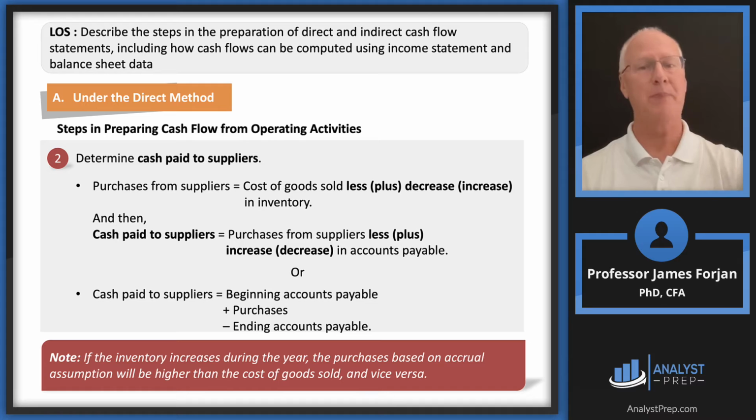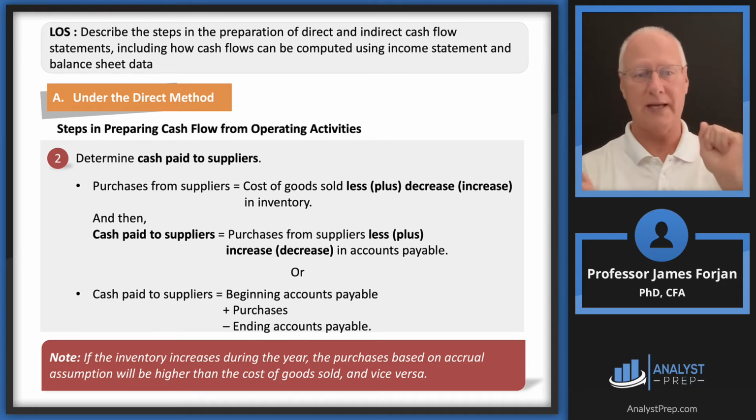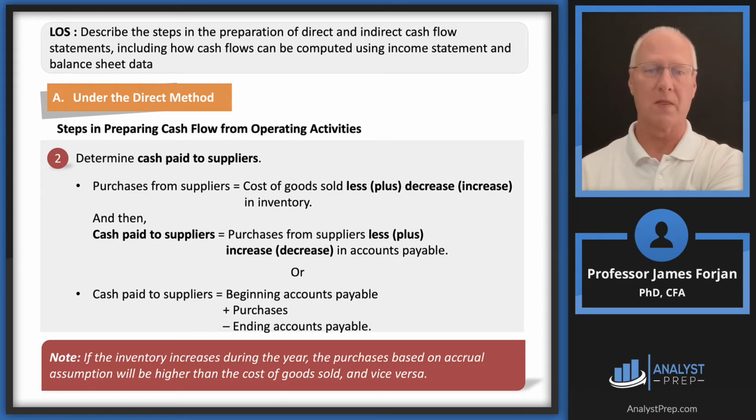Now, how about cash paid out to suppliers? If you take a look at these 2 quick equations and just take the reverse of them, you get cash paid to suppliers. You're focusing, of course, on the right-hand side of the balance sheet.